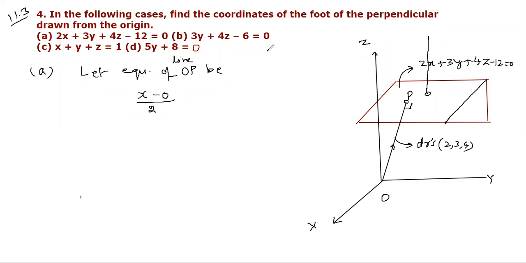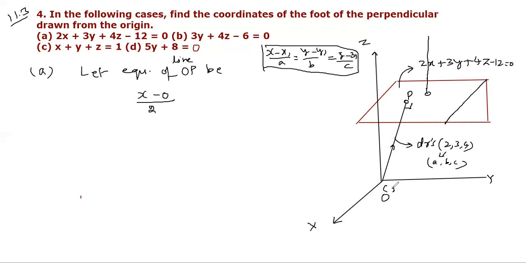You know that the equation of a line passing through a point is x minus x1 upon a, y minus y1 upon b, and z minus z1 upon c. A, B, C are the drs of that line, and x1, y1, z1 is the point from which the line is passing, that is the origin.